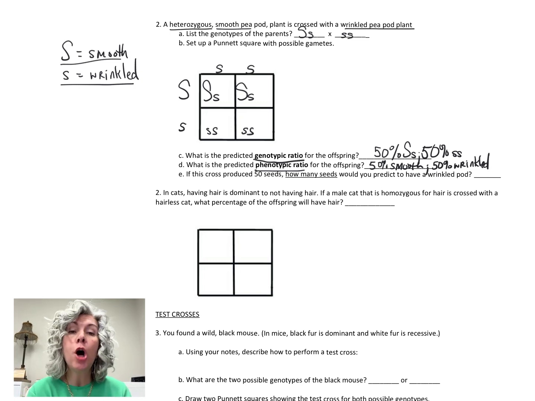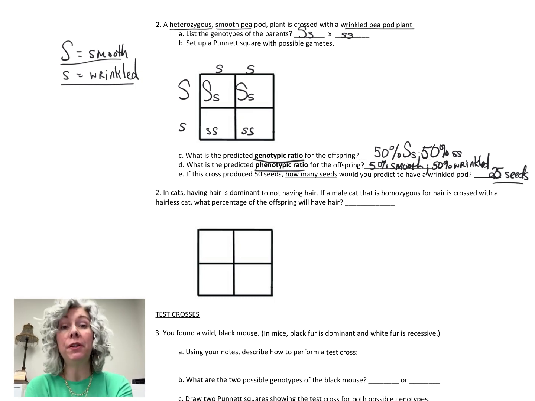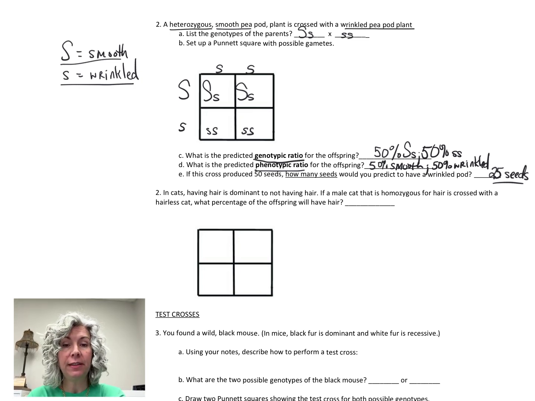What's half of 50? 50 divided by 2, and that's going to be about 25 seeds. Or 50% of 50. Half of 50. 25 seeds.